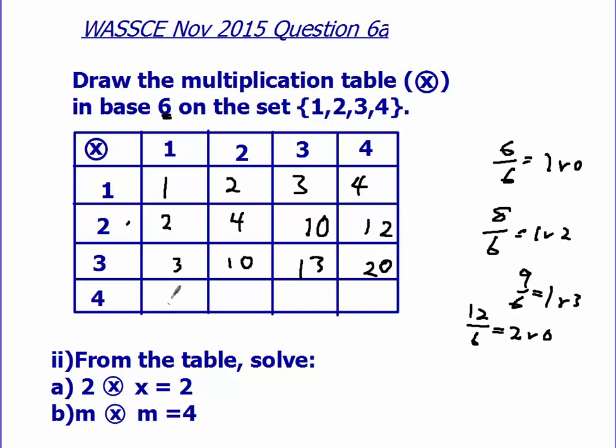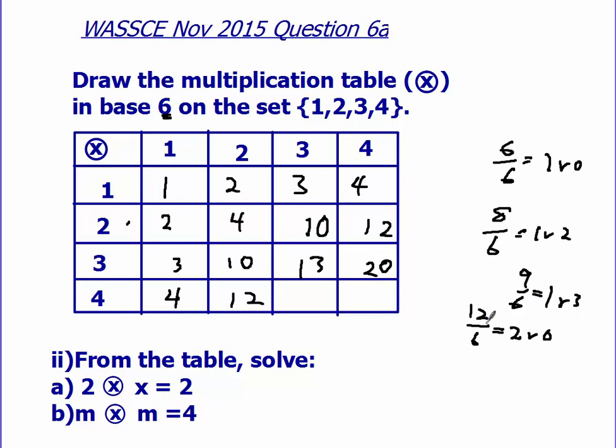Then 4 times 1, remember, is 4, is less than the base, so I write it there. 4 times 2 is 8. 8 is greater than the base. Therefore, 8 divided by 6 is going to give me 1 remainder 2. The remainder 2, and then my 1. Then I have 4 times 3, which is 12.